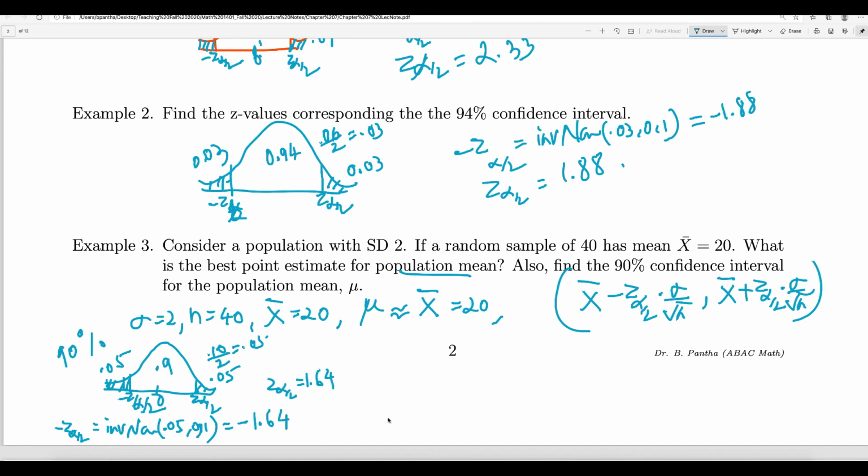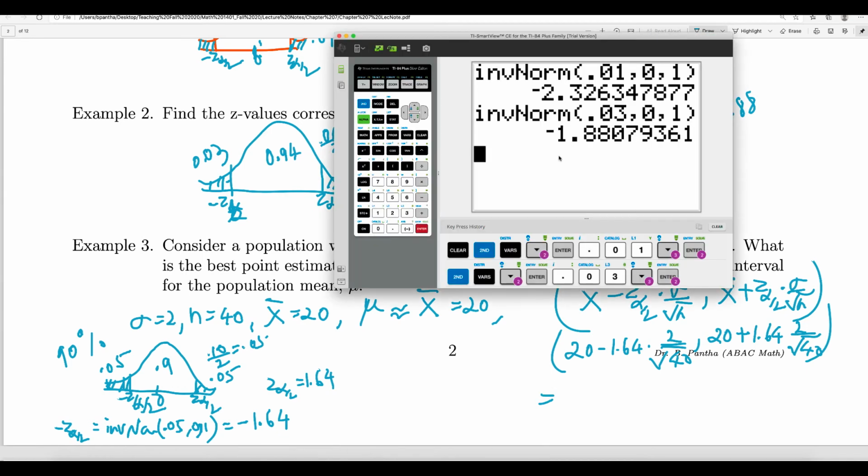So how do I now use those values in the formula? Just plug in: 20 minus 1.64 times sigma, which is 2, over root 40, n is 40, comma, x bar is again 20 plus z alpha half, 1.64, times sigma 2 over root 40. Now use the calculator to find the values. Let me clear everything there.